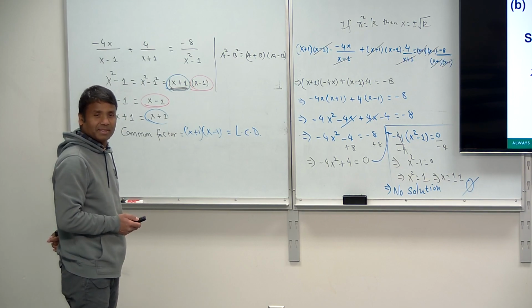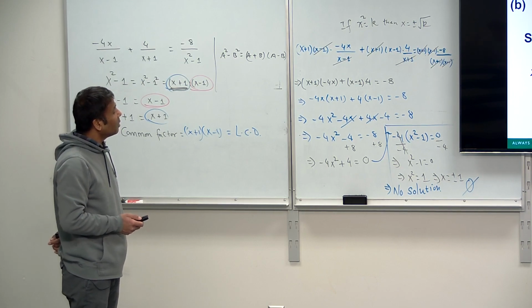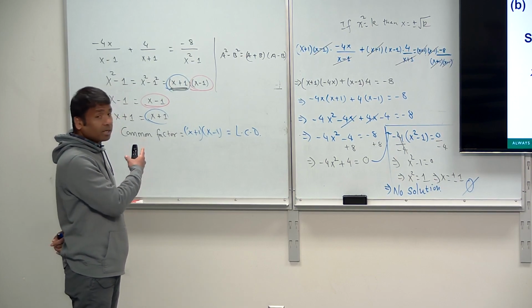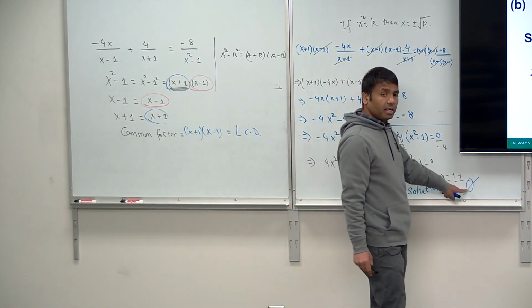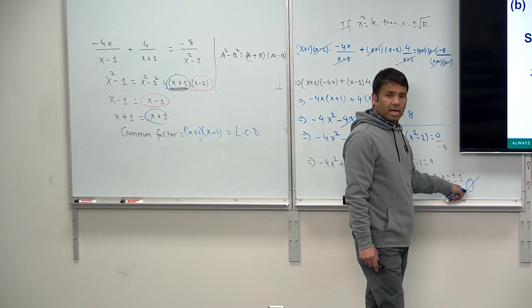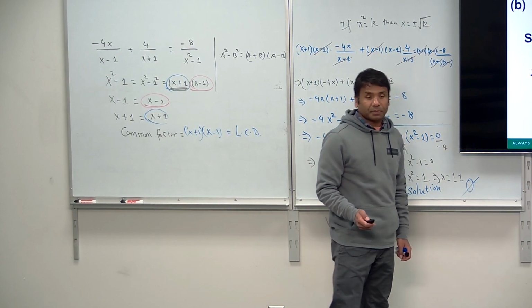That makes sense, right? So the solution set is, this equation does not have a solution. The solution set is denoted by this phi. You read it as phi. Okay.